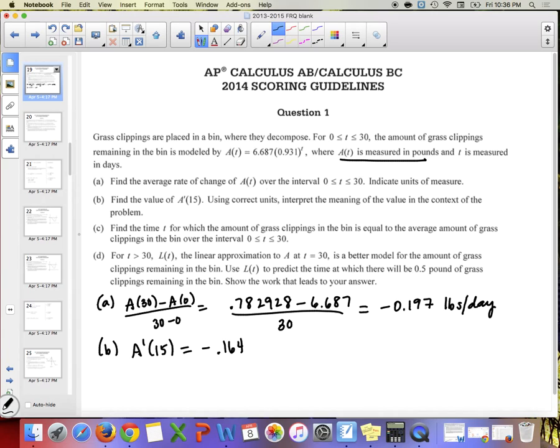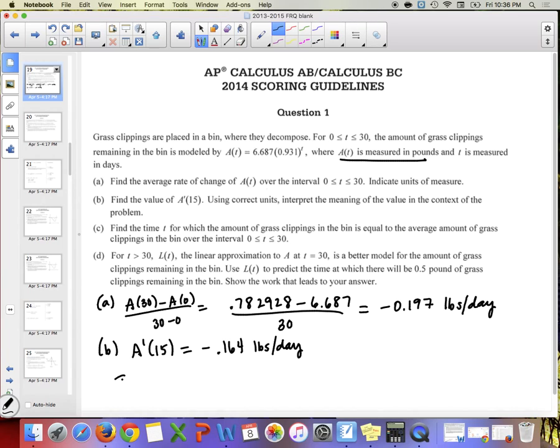It says, using correct units, interpret the meaning of the value in the context of the problem. If I'm finding a rate, where my original A of t was in pounds and t was in days, then this is going to be the number of pounds per day where my grass clippings are decomposing. So I have to write that out using a sentence.